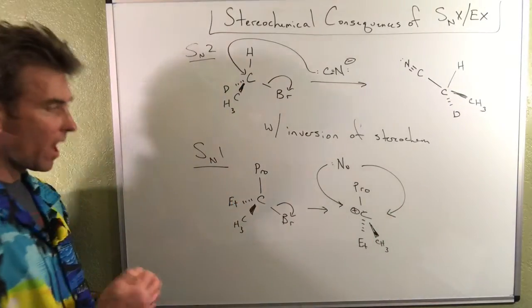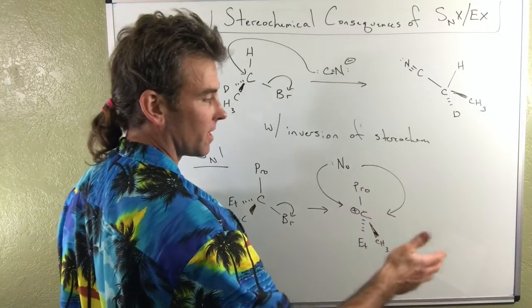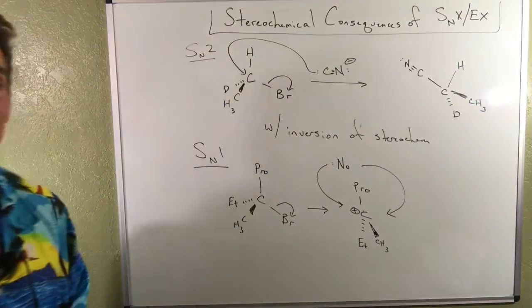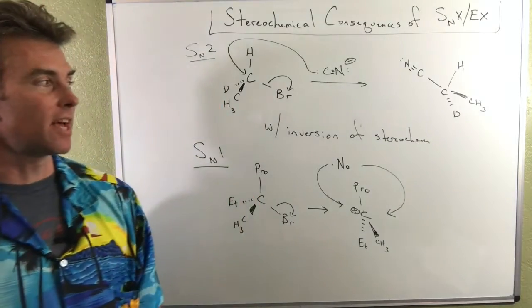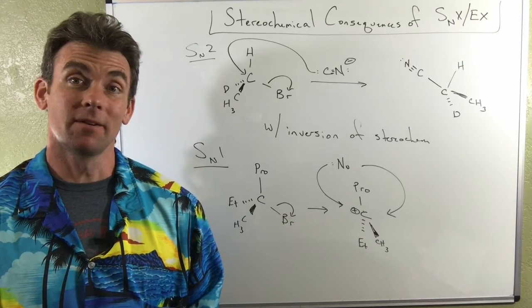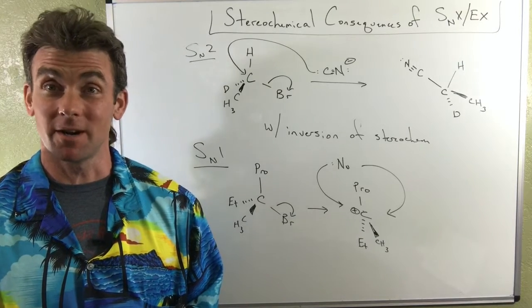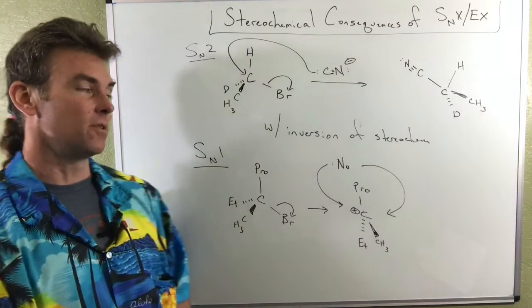And so what happens in an SN1 is that you get about 50% retention and 50% inversion. So in that sense, as we've mentioned a little bit in the last term, SN2s are said to be stereospecific, right? They have very specific stereochemical consequences, whereas SN1s end up just doing anything.